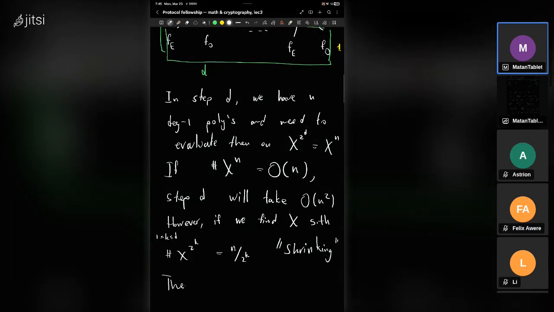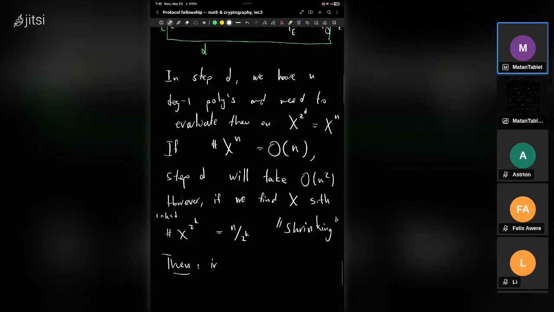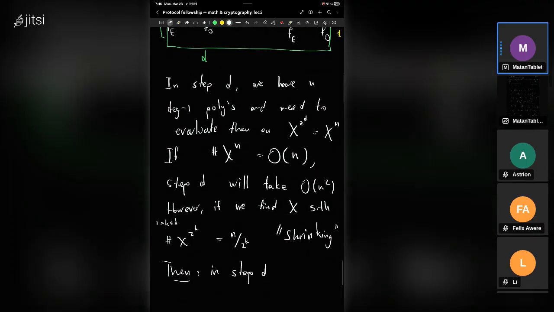Then I claim that now we're in business, because in step d, what do we have? We need to evaluate n polynomials of degree 1.